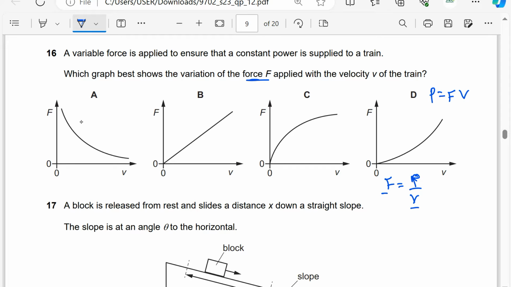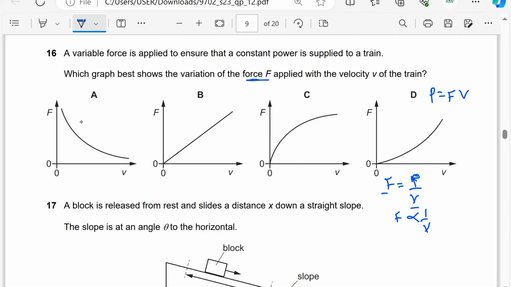If the power is constant, F is inversely proportional to v.